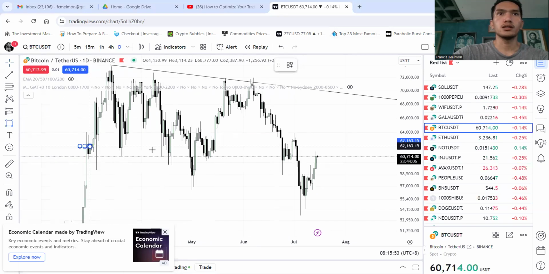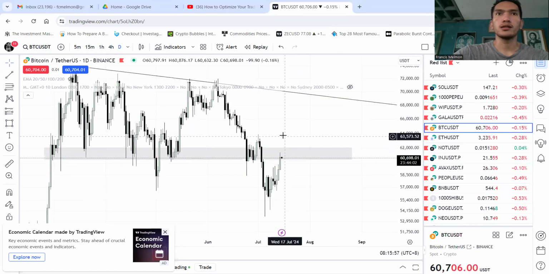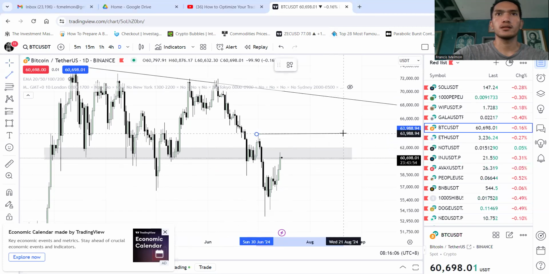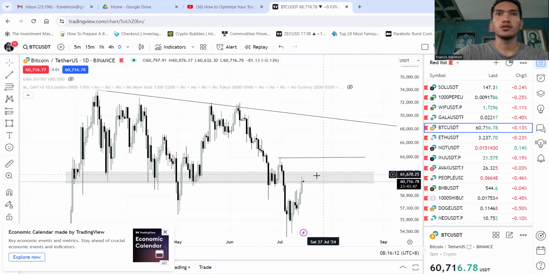We are currently in this resistance, and if we cannot break this key area right here, we might not be able to have the bullish price action that we want.